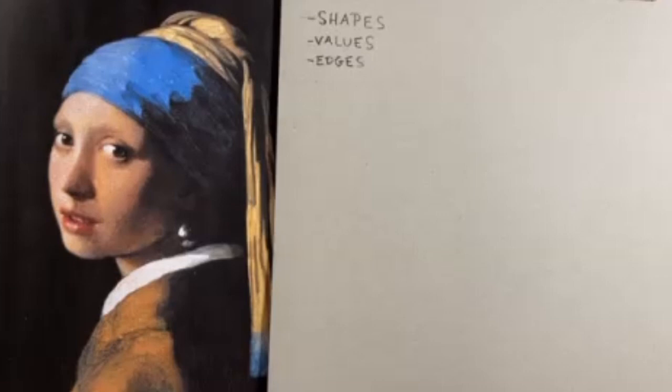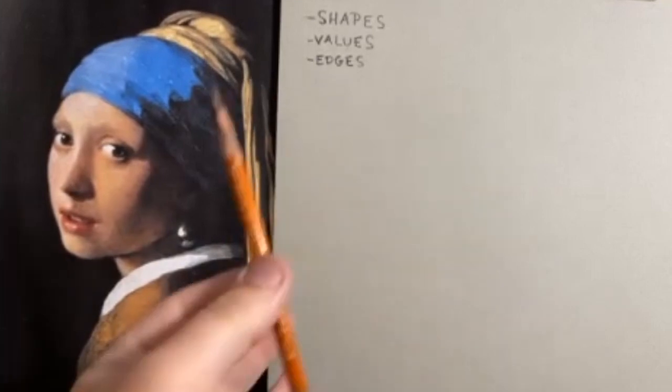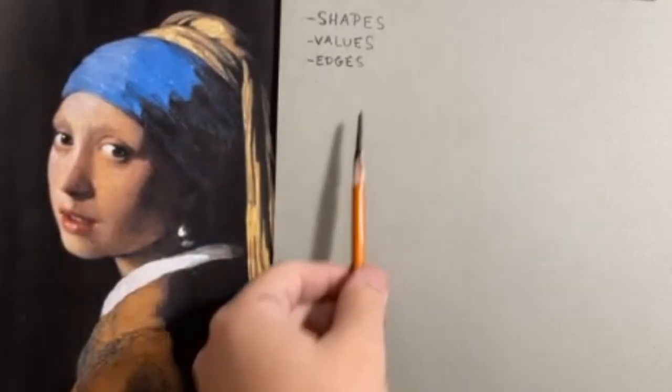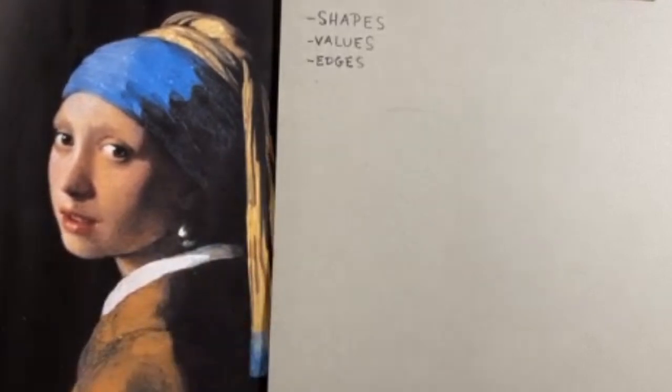So the first thing we can do when we're looking at something like this, and I will actually copy this, but even before I do that, let me go with a simpler form. Let's start with the form of a sphere. We can start that off with just a circle.